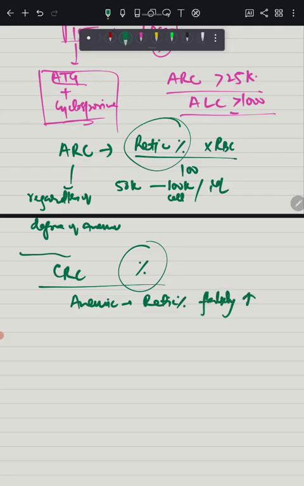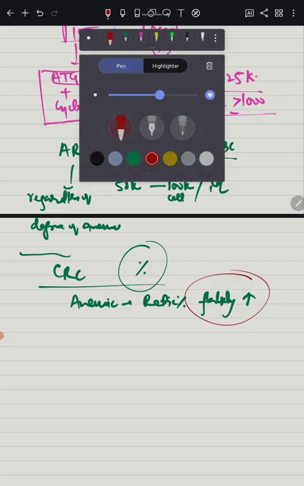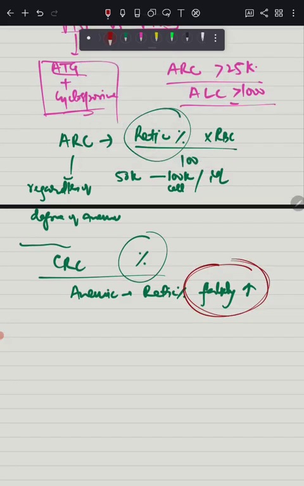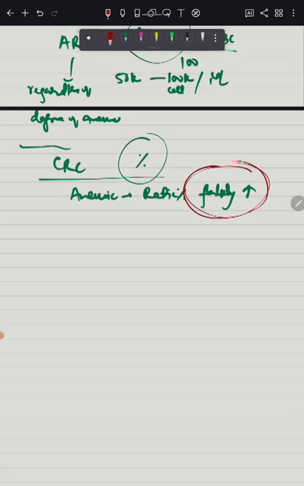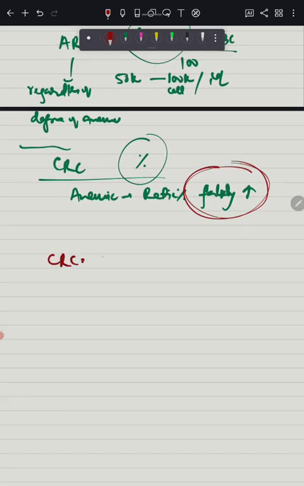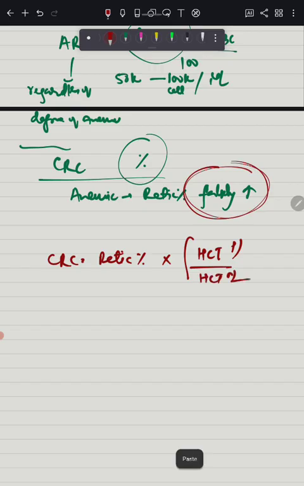So CRC is equal to retic percentage multiplied by the patient's hematocrit divided by the normal hematocrit. Normal hematocrit we take as 45, then we calculate this CRC. Its use is to determine if the marrow is responding appropriately to anemia or not.